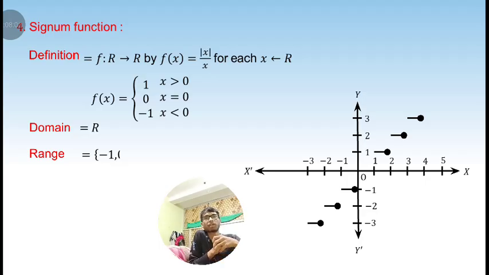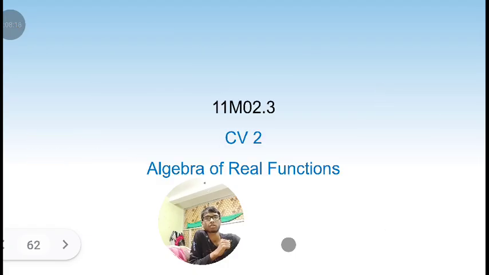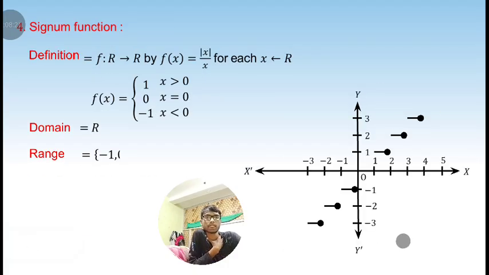Now, next we have signum function. Here, the meaning of this is that if we take any number that is coming between integers, then that will be equal to y, but it would not be a fraction, it would be an integer.